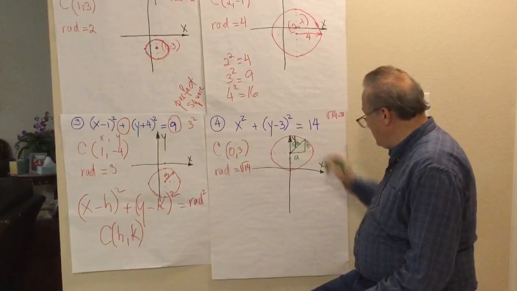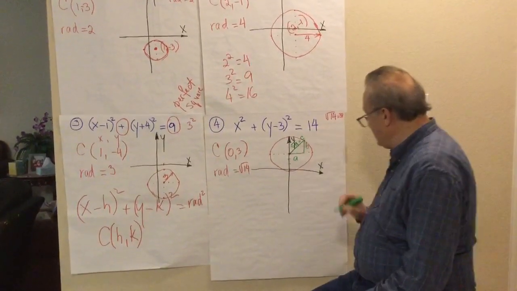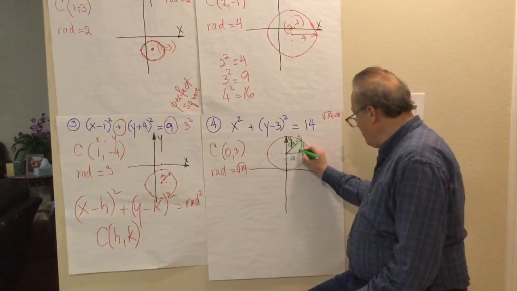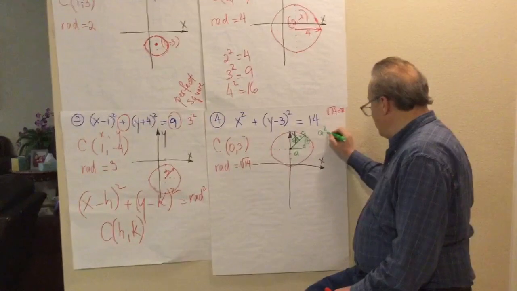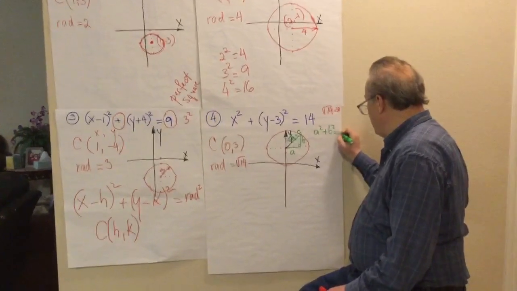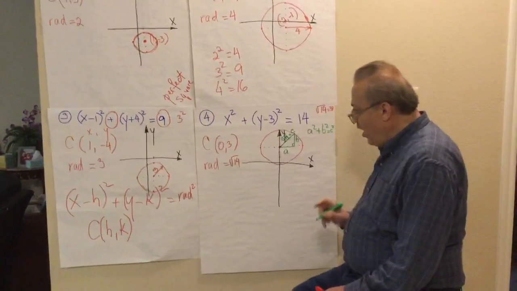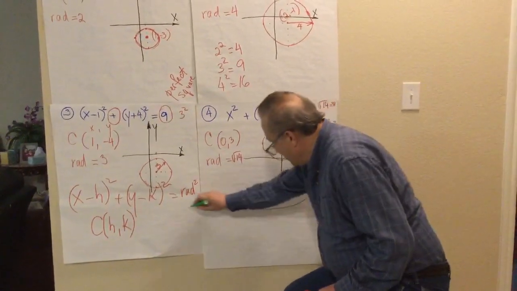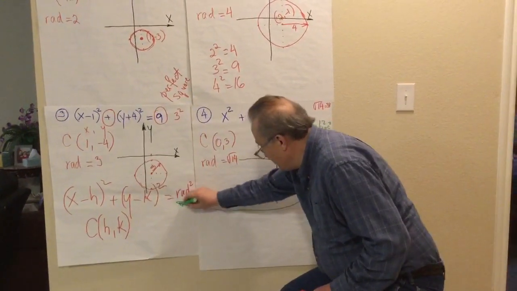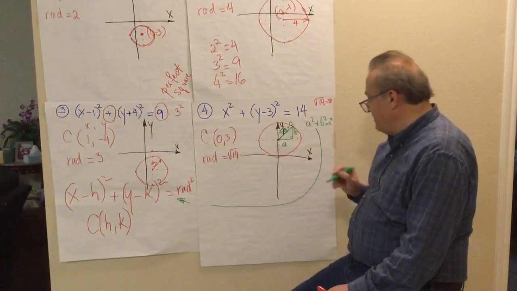Isn't this my b? Isn't this my c? Didn't I make here a Pythagorean triangle? Because a squared plus b squared is equal to c squared? Oh, that's exactly this formula, but it's written differently.